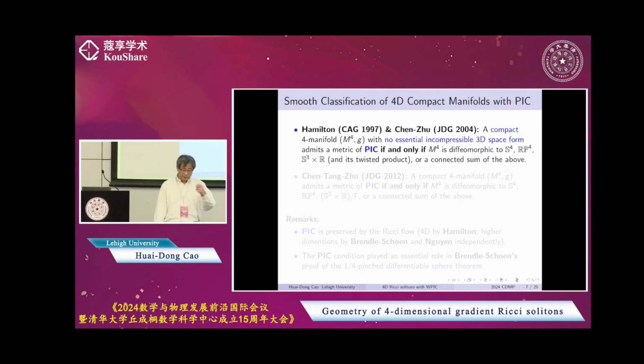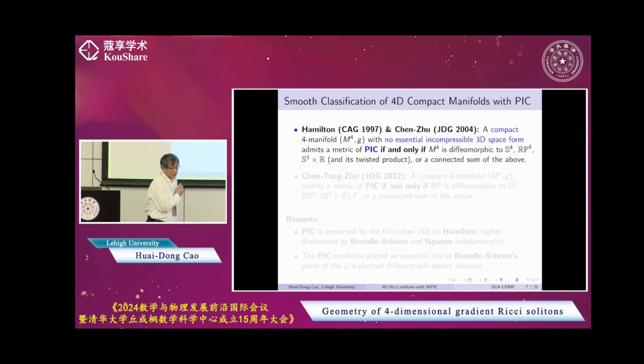Hamilton essentially developed the pinching estimates in the 4-dimensional case, and then carried out surgery. In surgery, there were some technical issues that he couldn't quite justify, but then Bing-Long Chen and Zhu, two friends, were able to carry through and extend Perelman's work to the 4-dimensional case with PIC.